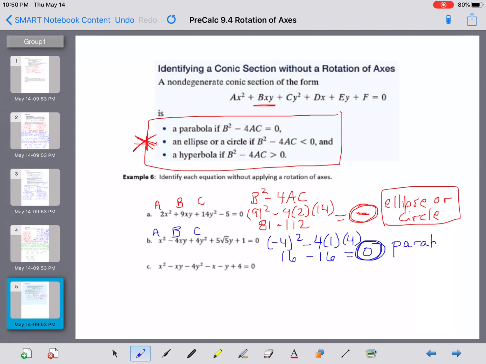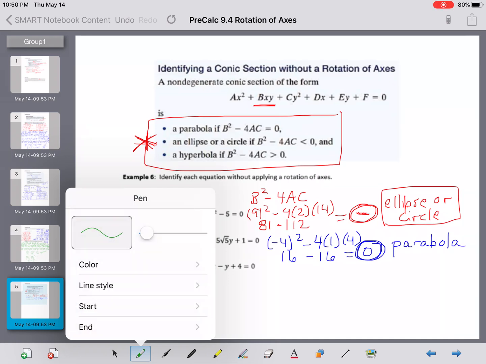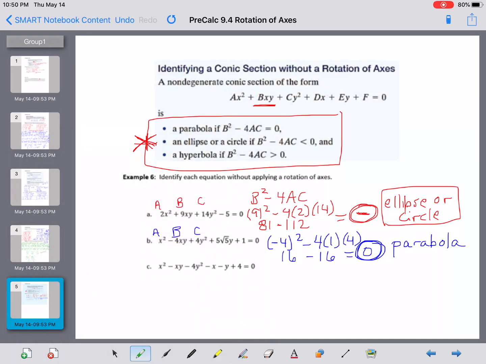A in front of the x squared, b in front of my xy, c in front of my y squared. And quick note, if they didn't happen to put our equation in this order, put it in the order of the x squared, the xy, the y squared, the x, the y, the constant equals 0 to be able to check this, okay? All right, b squared, that's a negative 1 there, that invisible number 1 squared, minus 4 times my a, which is 1, times my c, which is negative 4.